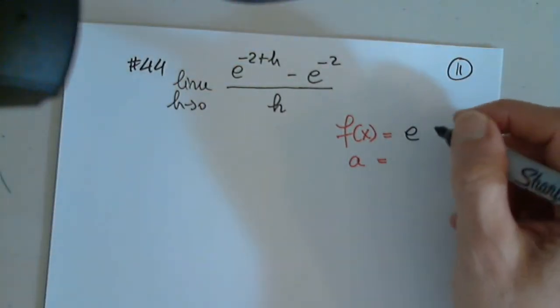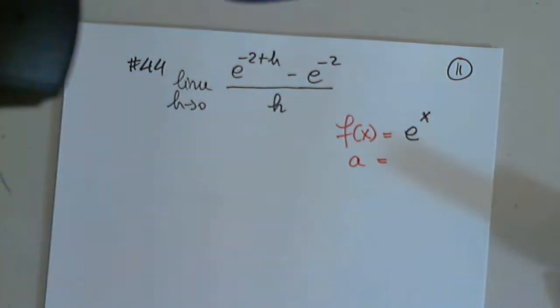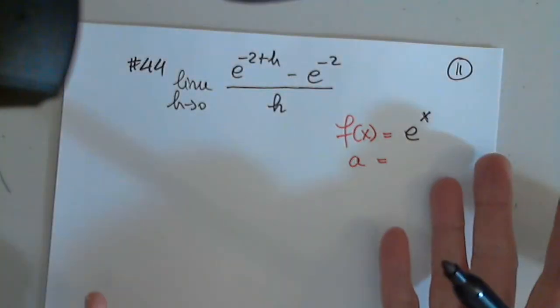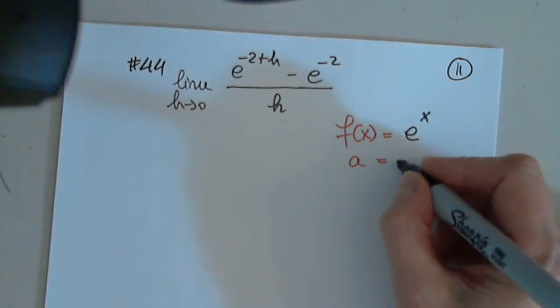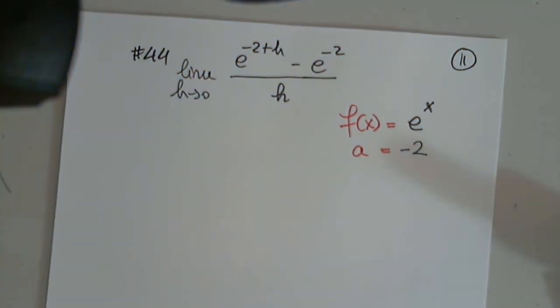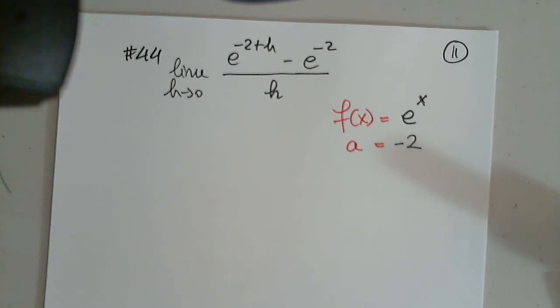And it could be negative x, it could be just x. Yeah. And then a. There is more than one correct answer. And a will be? Negative 2. That's it. And yes, there is more than one correct answer. So your option was fine too.